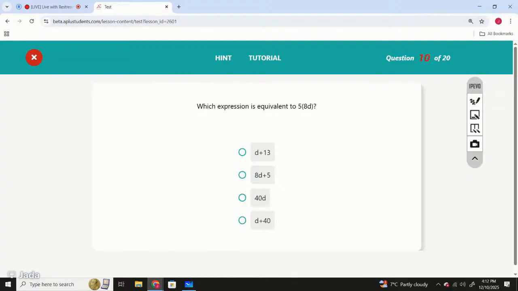Which expression is equivalent to 5 times 8t? So 5 times 8 is 40. That is 40t. Option number 3 is the correct option.